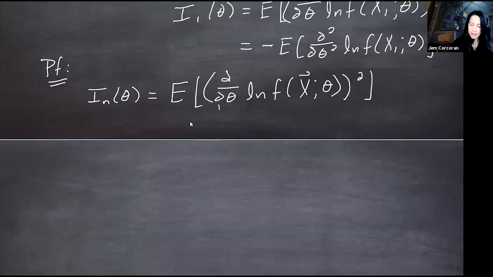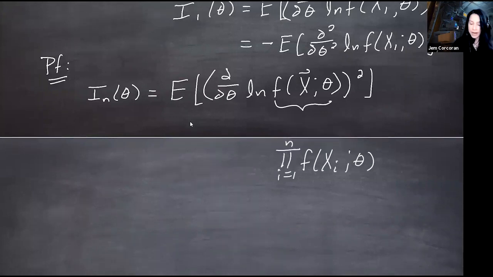Note that this thing inside, the joint PDF, because they're IID, comes from a product from 1 to n of f of each xi and theta. When you take the log of that, it turns into a sum of logs. And when you take the derivative of that, the derivative can pass by the sum.